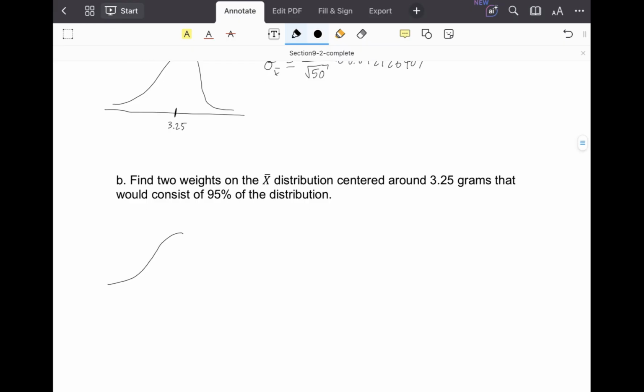So doing a similar thing, I just want to draw the picture. We have it centered at 3.25 and we want a value here and a value here so that this area in between is 95%.